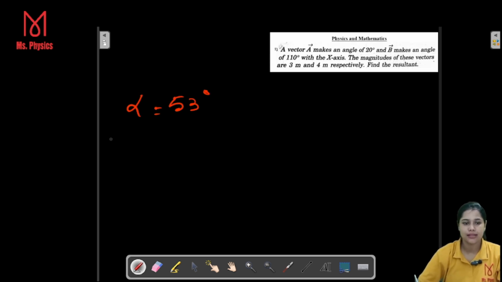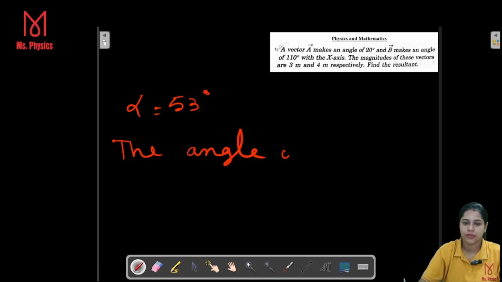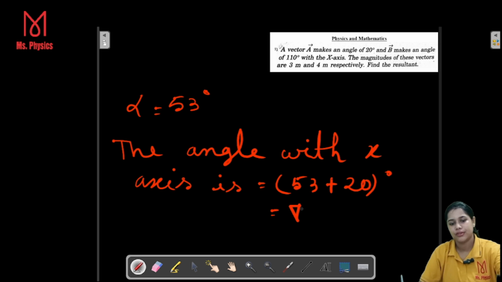So you just write down the answer: the angle with the x-axis is equal to 53 plus 20 degrees, which is 73 degrees. So this is the answer.